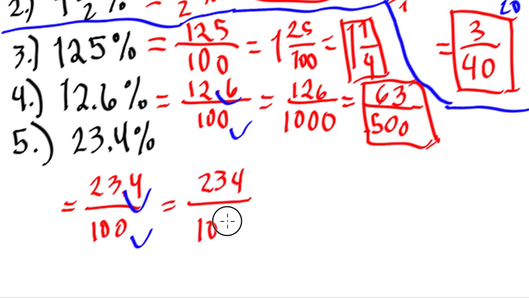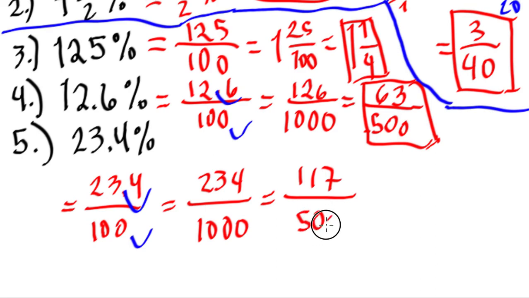And similarly, we can both divide them by 2, shall we? Dividing them by 2 will give us 117 over 500. Again, in the comment section, you can check if this can still be simplified. As far as I can see, they cannot be simplified anymore.